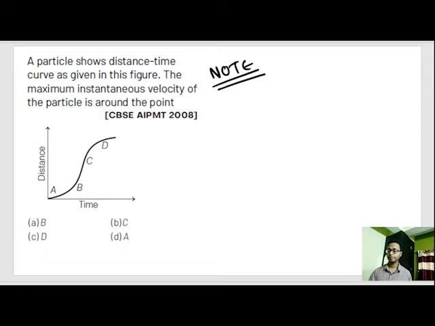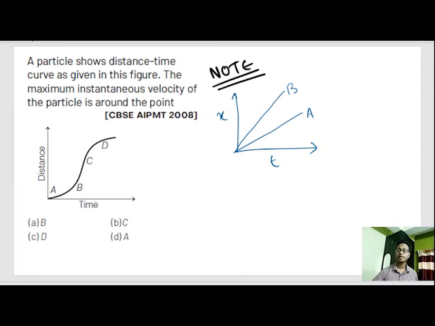Suppose there is an xt curve, okay? This is one graph, the displacement of body A, and this is the displacement of body B. The steeper the curve, the greater is the slope.